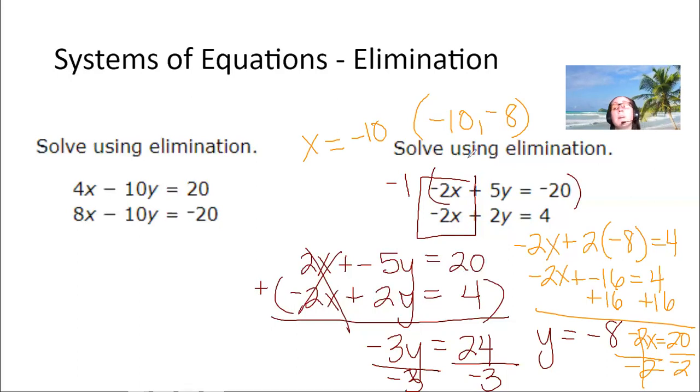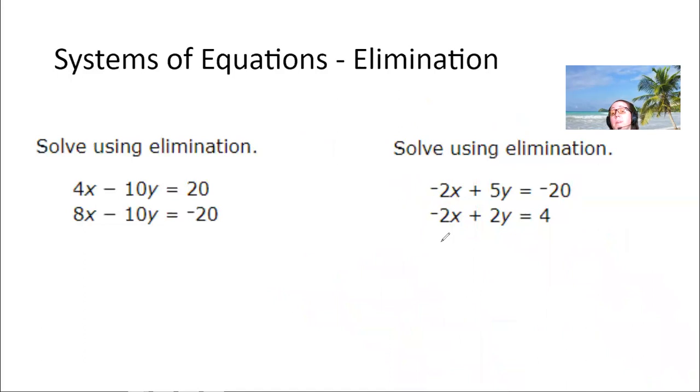Keep in mind that it could potentially be a number that you have to get to cancel and not just the signs. For example, what if the bottom one said negative 4x? What if it said negative 2x plus 5y equals negative 20, and negative 4x plus 2y equals 4?